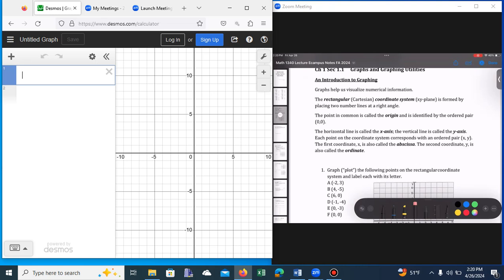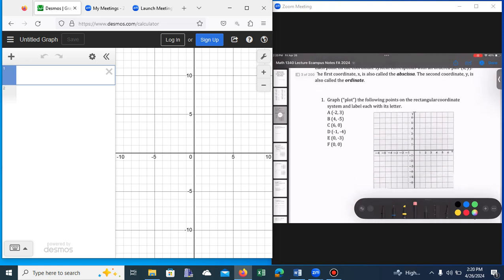Okay, so we're going to start from the very basics, and that is looking at the rectangular coordinate system. It's an XY plane. So your horizontal is your x-axis, and your vertical is your y-axis.